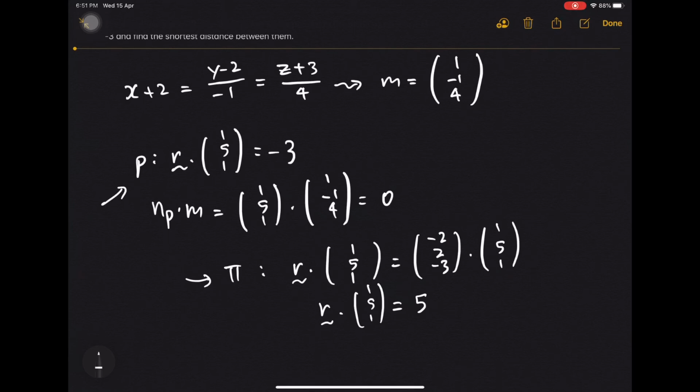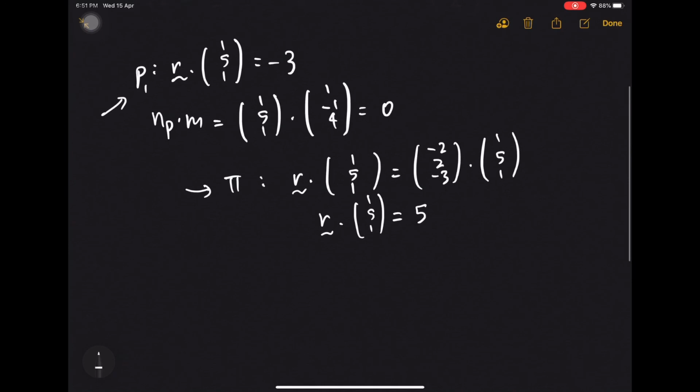So what we're going to do first is use this plane, which I'm going to call P1. We're going to do the same thing: I have my formula here.